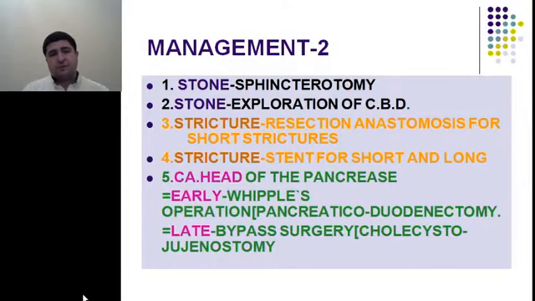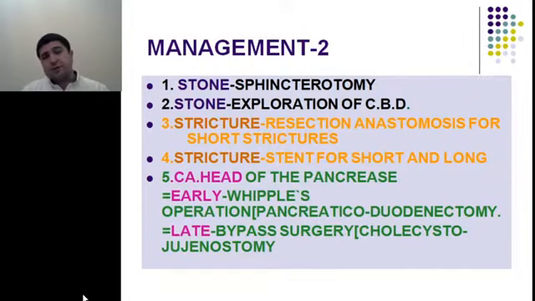In case of cancer of the head of the pancreas, we can do several operations. If it's a radical operation at an early stage of this problem, we can do a big operation. Radical is the Whipple operation, or pancreaticoduodenal resection. What is it?